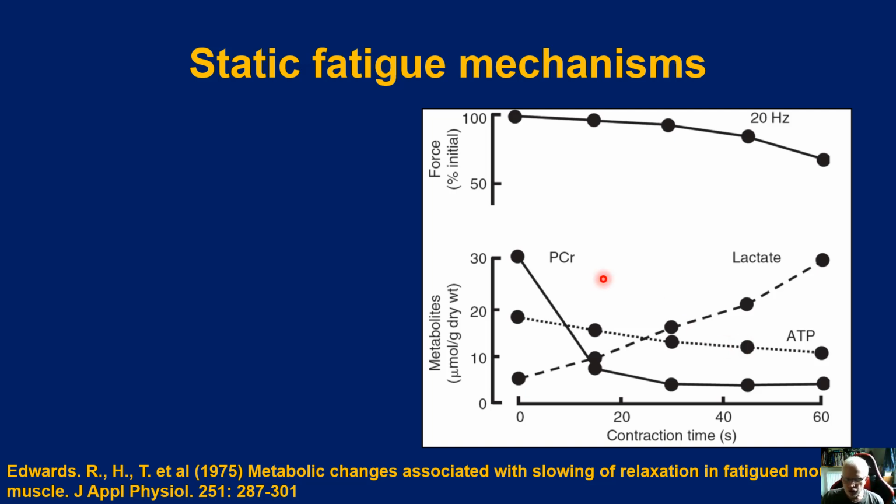That's reinforced to a certain degree by what we see here. Look at the change in the PCr concentration. The phosphocreatine concentration shows an enormous decrease within the first 15 to 20 seconds. It's a very, very significant decrease. But then you'll notice that its change is fairly similar across the remaining 40 to 45 seconds.